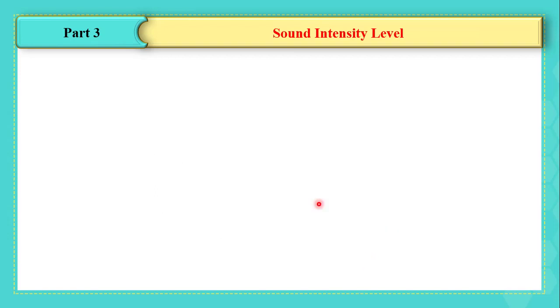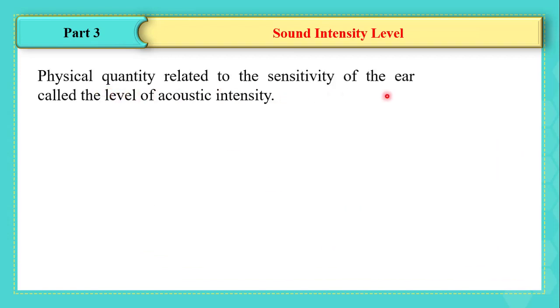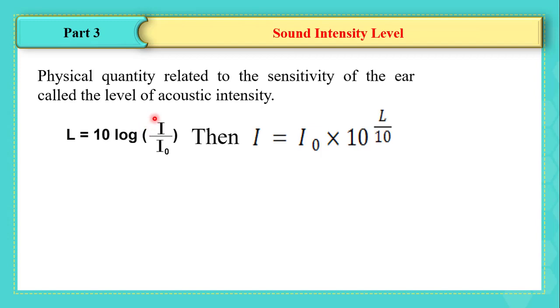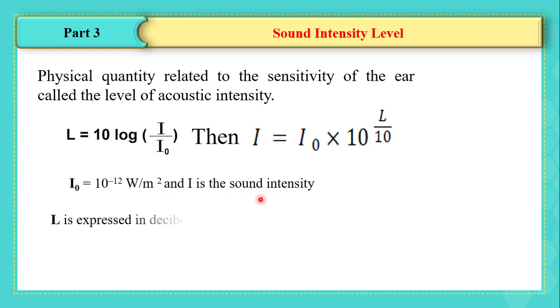For this, physicists have defined another physical quantity related to the sensitivity of the ear called the level of acoustic intensity L, which is equal to 10 log I over I0. I0 is 10 exponent minus 12 watt per meter squared, and I is the sound intensity.